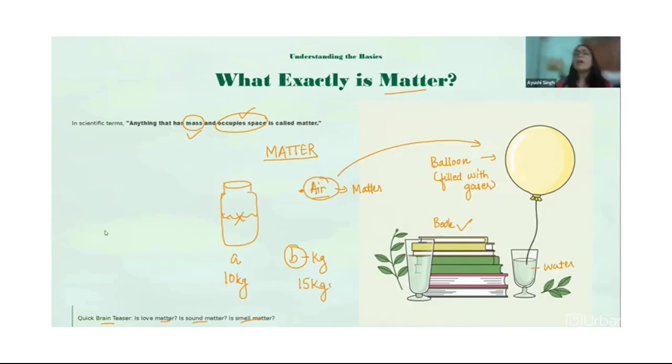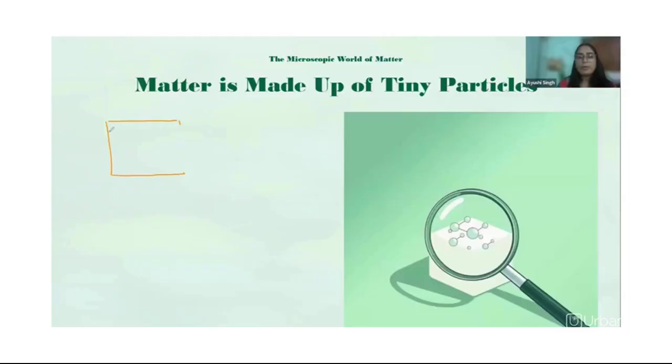Now, what exactly is matter made up of? Just for example, we have a wall, and the wall is made up of bricks, right? So the unit of a wall would be brick.